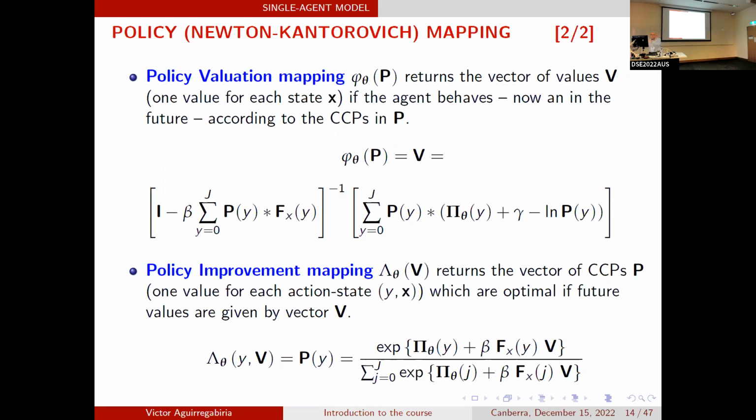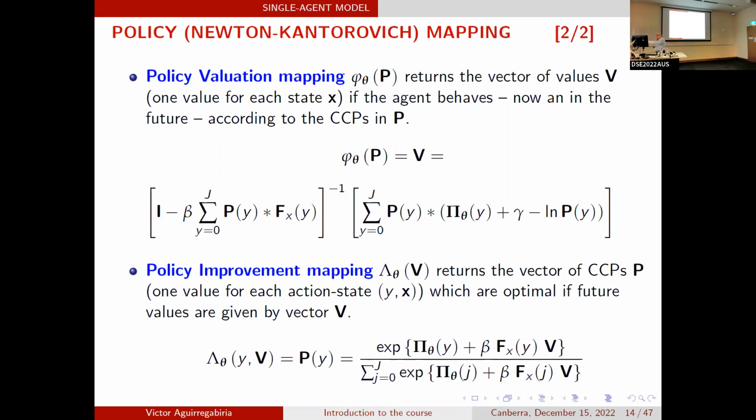And then in the second expression in brackets, what we have is basically the ex ante expected utility today of behaving according to the choice probabilities in P, okay? And this expected utility has two components. One is this pi vector, that is the expected utility that comes from the pi function, the deterministic part of the utility, the part that does not depend on epsilon.